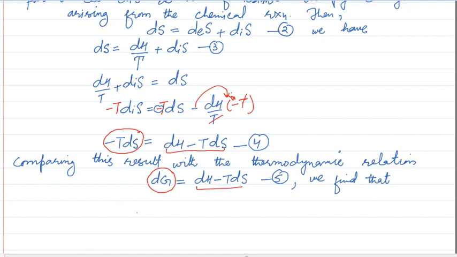So minus T dS_I is equal to dG. Or we can rearrange this: dS_I will be equal to minus dG upon T. So this is equation 6.